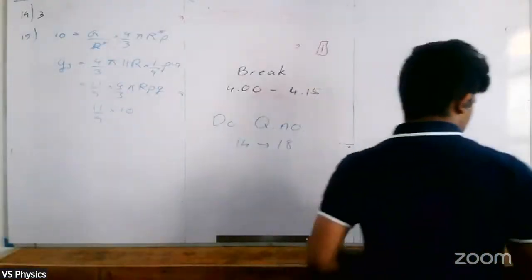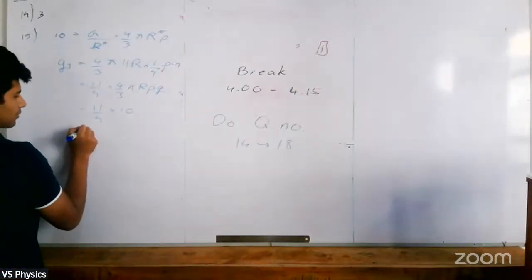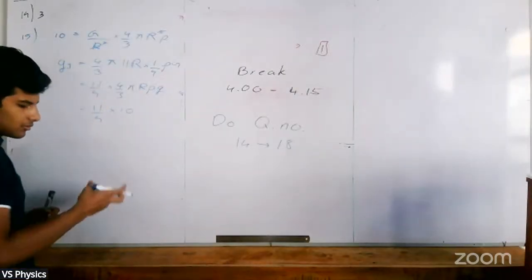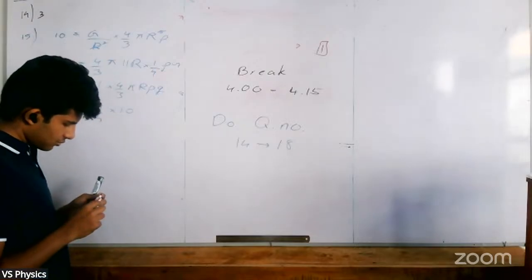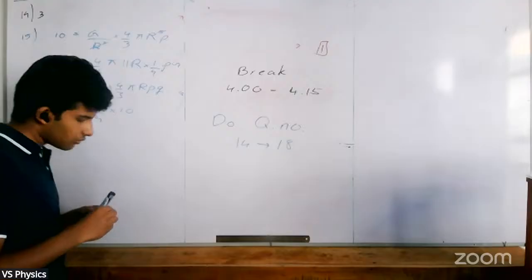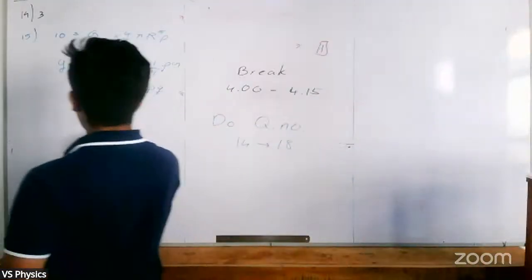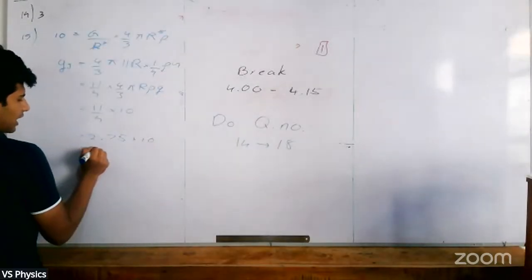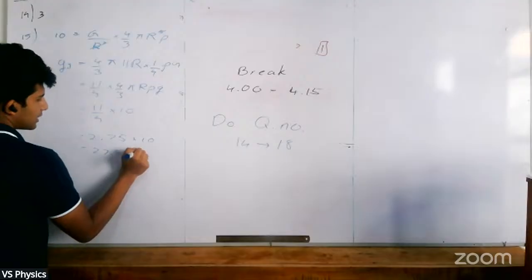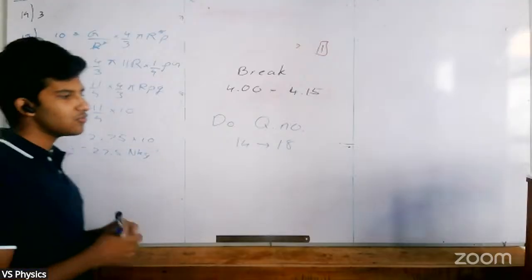What is 11 over 4 equal to? 11 over 4 is equal to 2.75 times 10. So we have 27.5 newtons per kilogram. This is our gravitational acceleration on the surface of Jupiter.